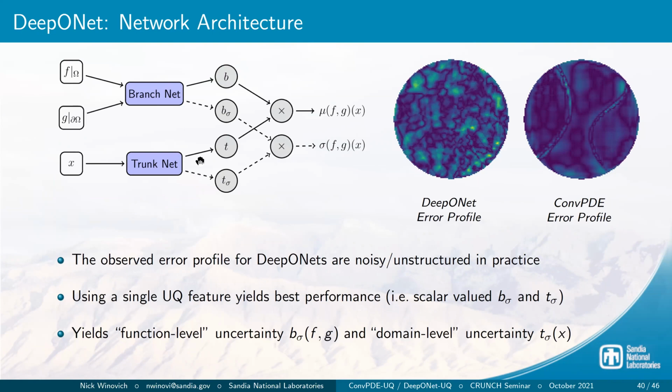But what I found was if we just take a single scalar prediction, so now we're really not increasing the computation at all for the branch and the trunk, we're just adding one value at the end, what we can get is this function level uncertainty, this B sigma, that's related to the input, the complexity of the input, and this domain level uncertainty, which is constant among inputs.